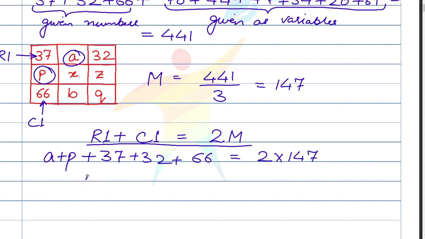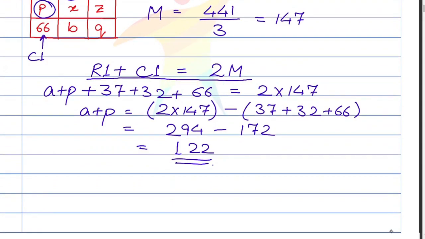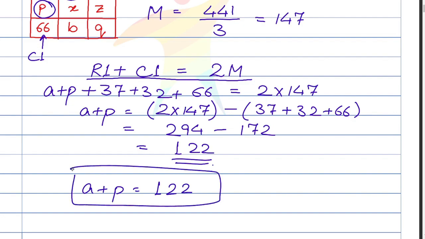So that means A plus P is equal to, just by adding and multiplying, 294 minus the sum of these numbers, which is 172. So this gives us 122. So the sum of A and B is equal to 122. So this is the answer.